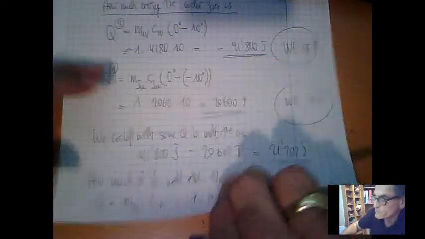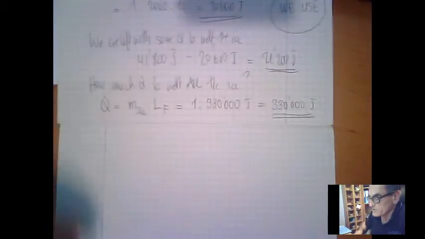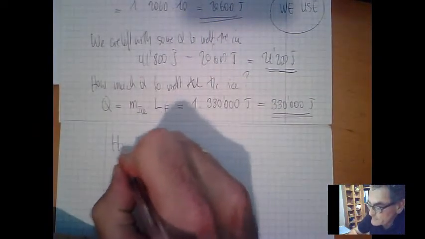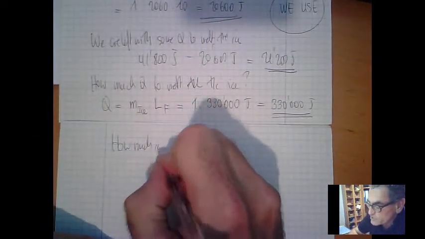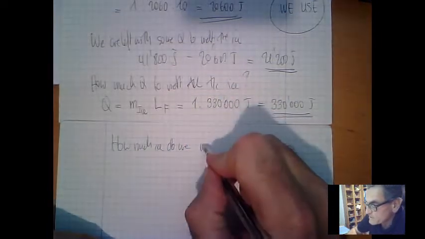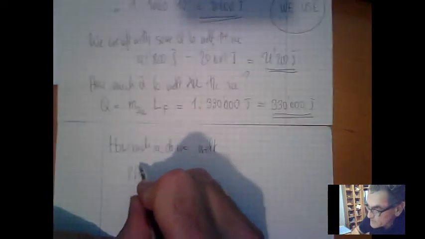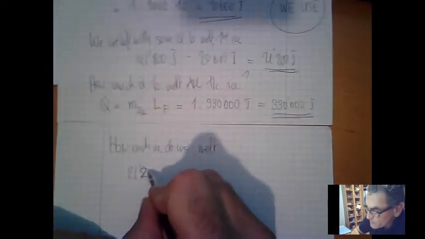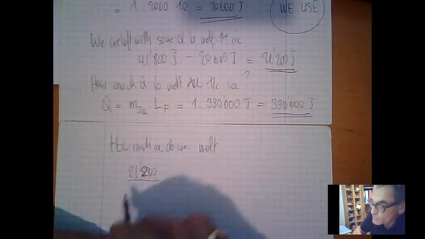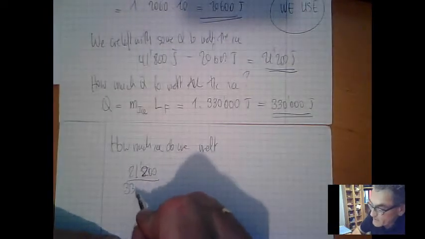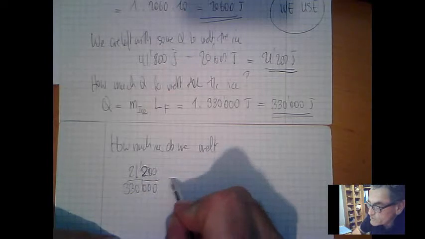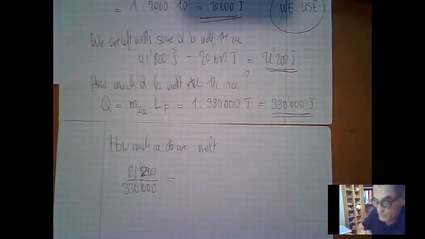We will compute that. Okay, so how much ice do we melt now? Let me continue the computation here. We melt a quantity of ice which is equal to 21,200 joules, which is what we have, divided by 330,000, which is what it takes to melt all the ice.